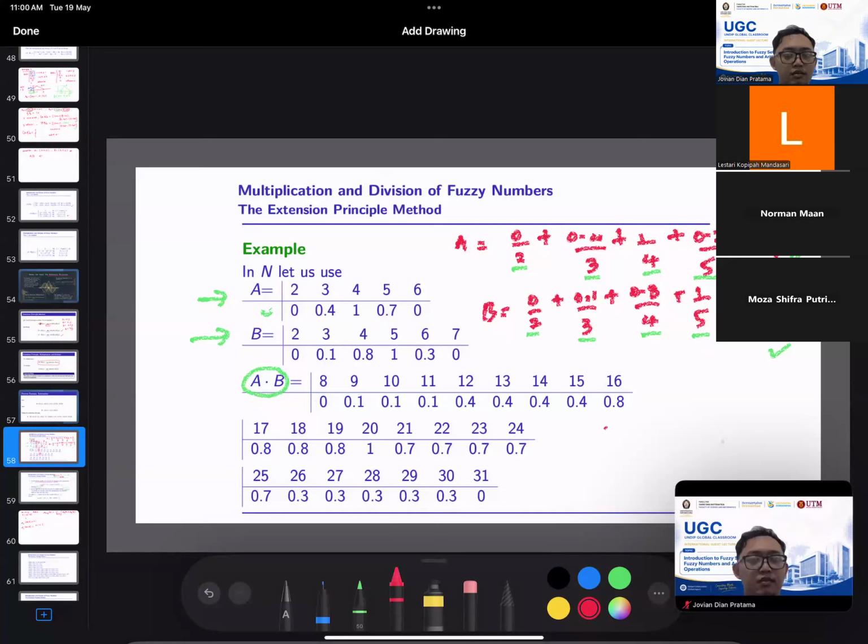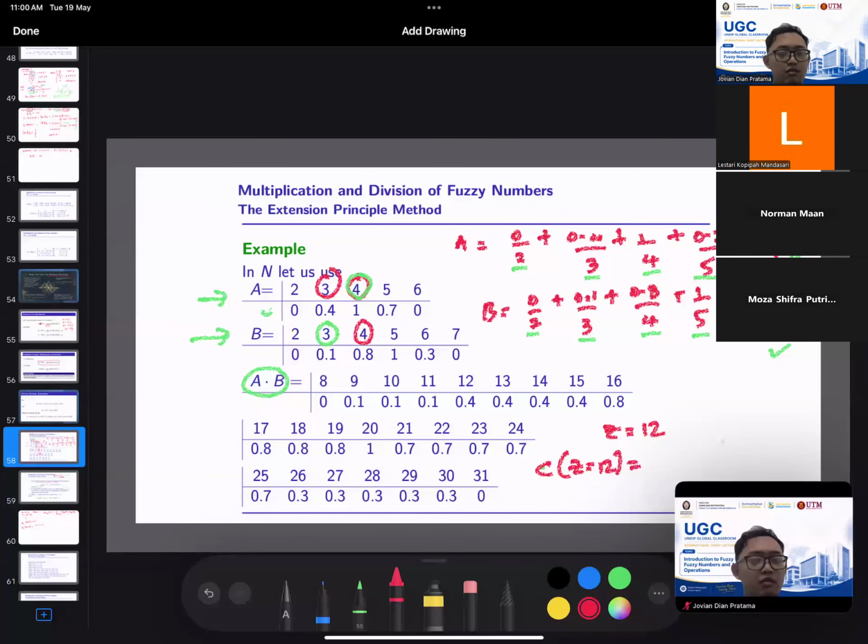So the combination may be 3 multiply 4, so you get 12. And another one is 4 multiply with 3. So here, just now you understand that your Z equals 12, you will get 0.1.